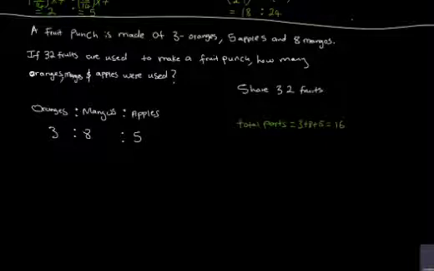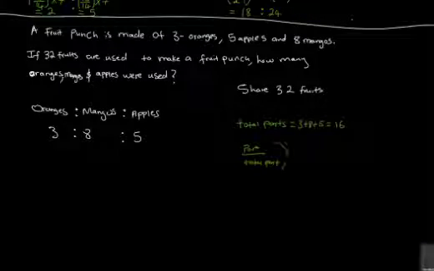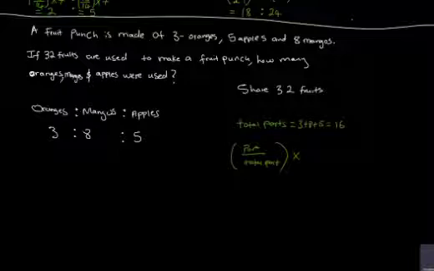So how many oranges are in the 32 fruits? First thing, you know that the formula should be part over total part, all of that multiplied by the shared number.